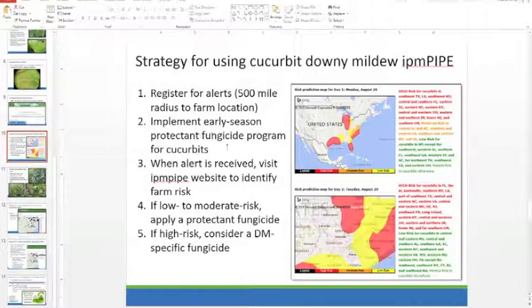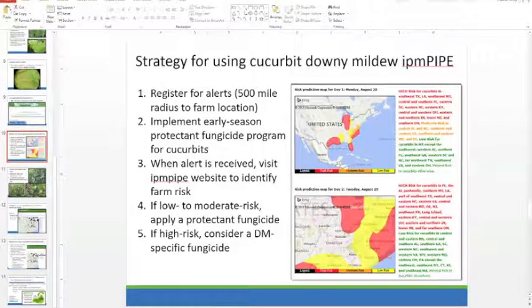The second step is to implement the early season protectant fungicide program for the vining crops. That's that ID36 program. But I would emphasize to you all that while that program gives very good control over anthracnose and some of our other foliar fungal diseases, there are no downy mildew specific chemistries integrated into that program.